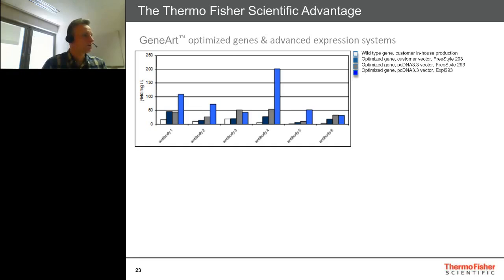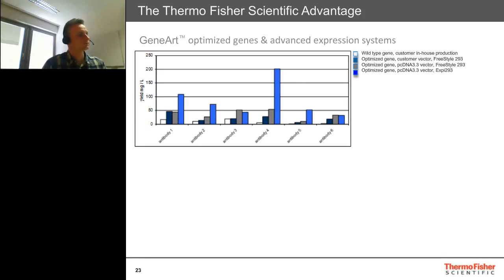That's the blue bar here. And then we used an optimized gene in another vector, in the pcDNA 3.3 in freestyle. And finally, we used an optimized gene in the pcDNA 3.3 and the XB293 system, which is more advanced than the freestyle system.